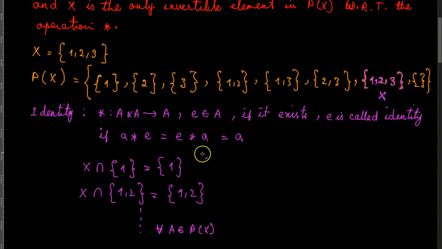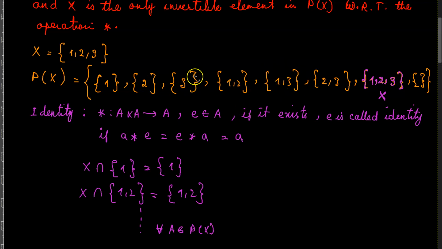And of course that is the case because X is the only set in P of X that, if you take its intersection with any of these sets, gives you back the other set you chose. With any other set it's not possible. For example, take the intersection of this set and this set, you would get the null set. Take the intersection of these two sets, you would get the null set.